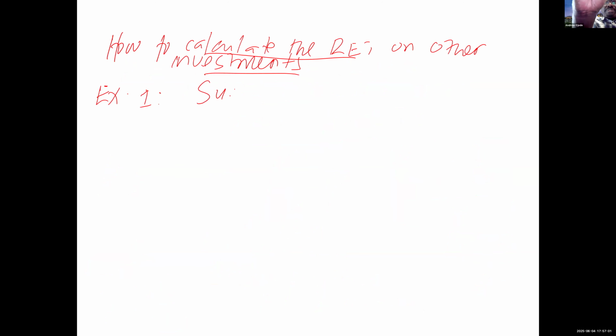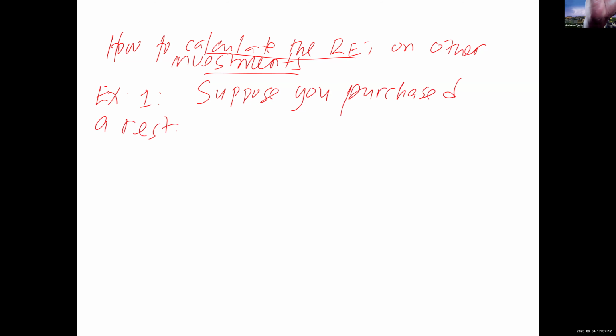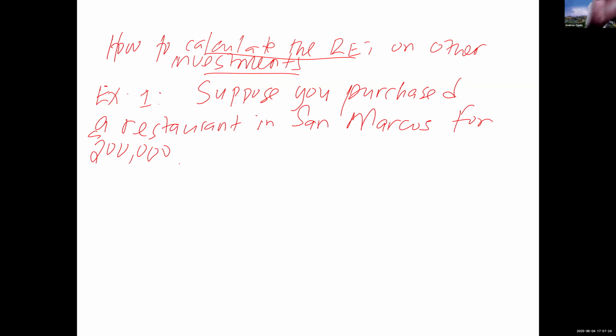Suppose you purchase a restaurant. This is not a bond. You bought a restaurant in San Marcos for $200,000 on January 1, 2025.